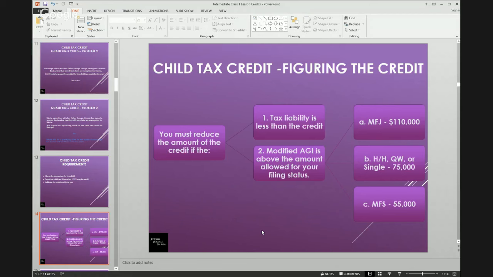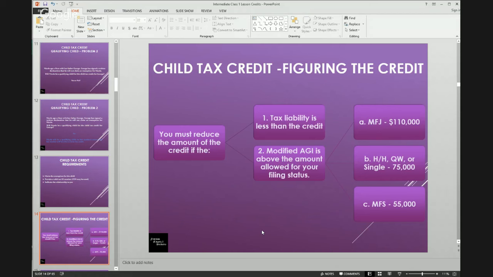So to figure the credit, you would reduce the amount of the credit if the tax liability is less than the credit. So if you only owed $780, the credit would only be good for $780. In addition, there are caps on the modified adjusted gross income, and if your modified adjusted gross income is above the amounts shown on this particular slide, you would actually see the amount of your child tax credit reduced.